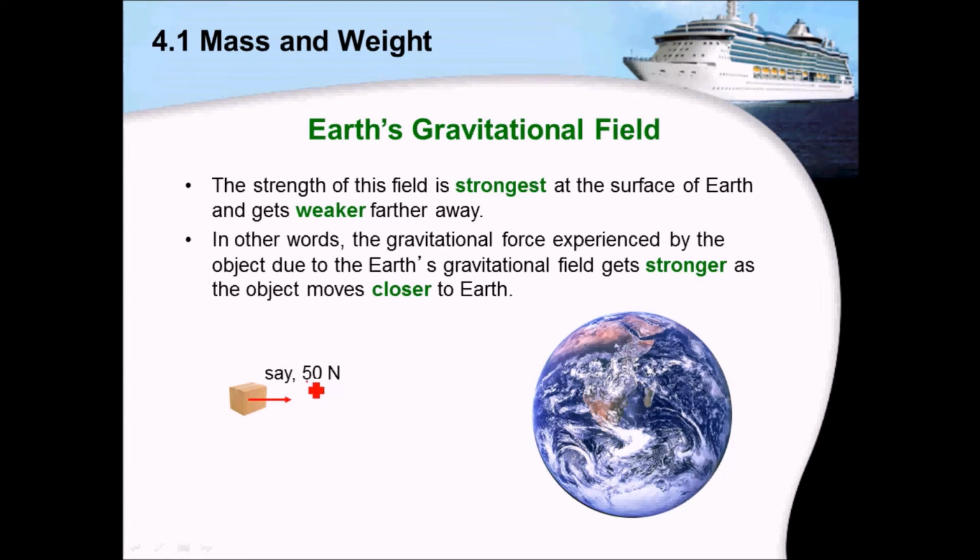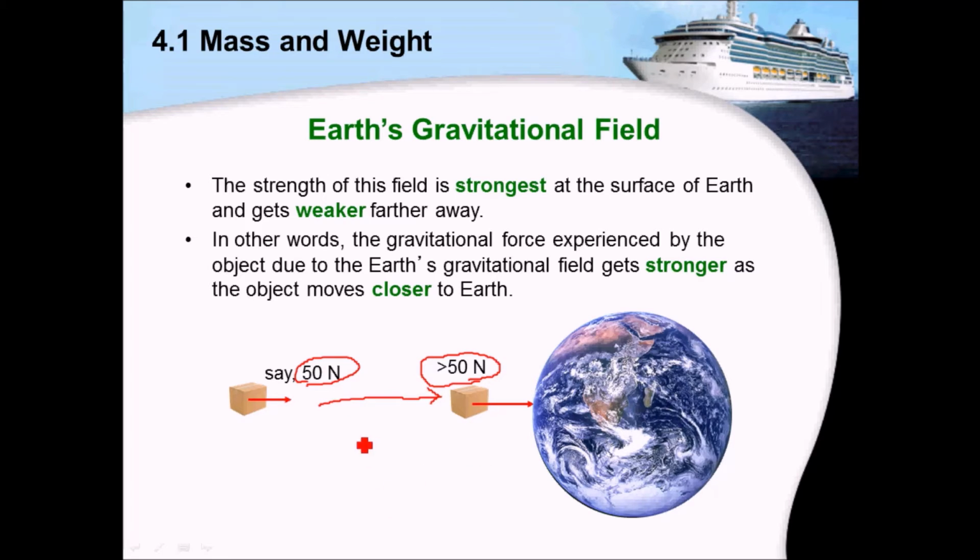Let's say here it has a weight of 50 Newton. This is the gravitational pull that the Earth has on the object. If this object now moves very close to the Earth, the weight that the object experiences will be more than 50 Newton. That means from here to here, its weight has increased.